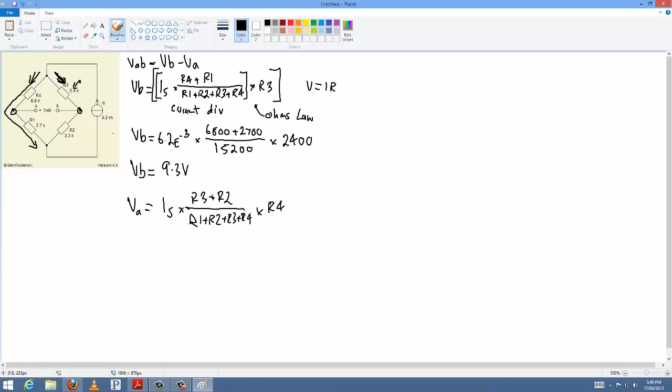It's important to note that when you're doing this, you can either use both of these or both of these, but you can't use diagonally opposite ones. It does not work. And that just equals 6.2E3. Screw it, I'll just do it straight there. You know how to sub in things.